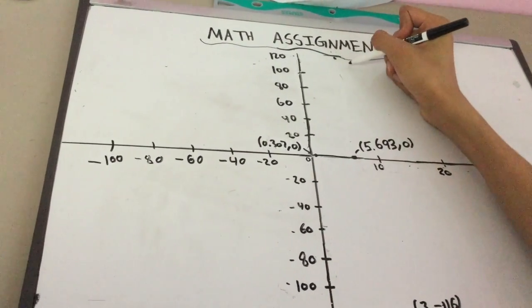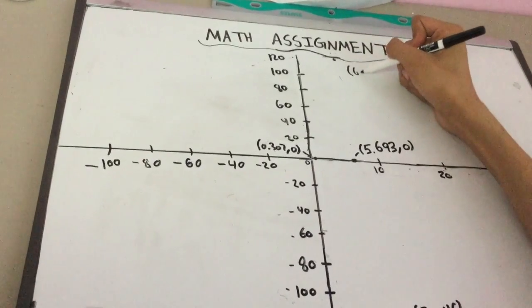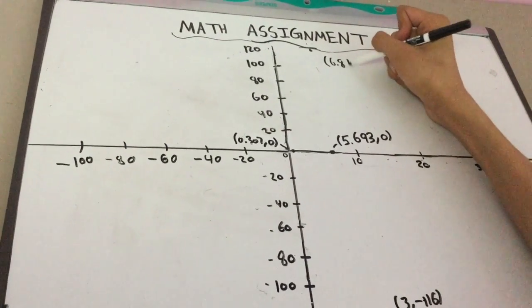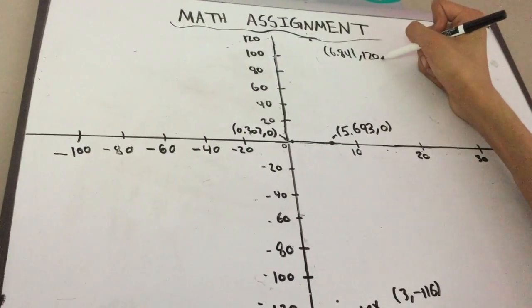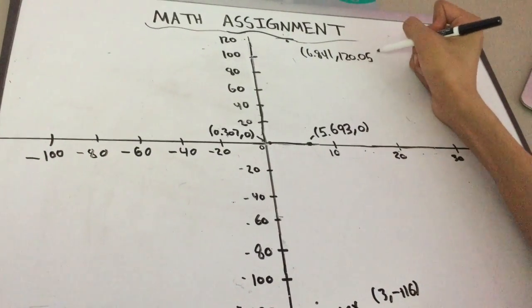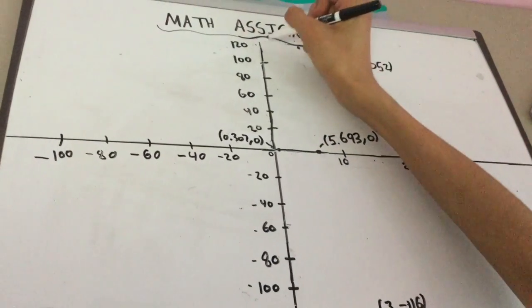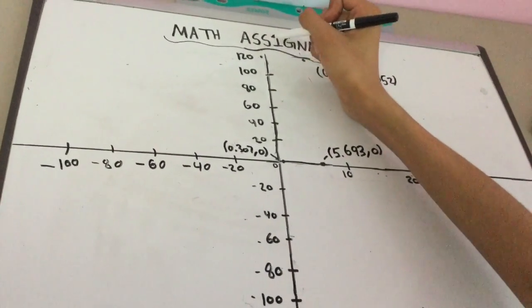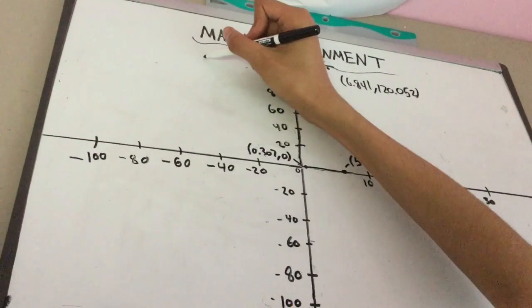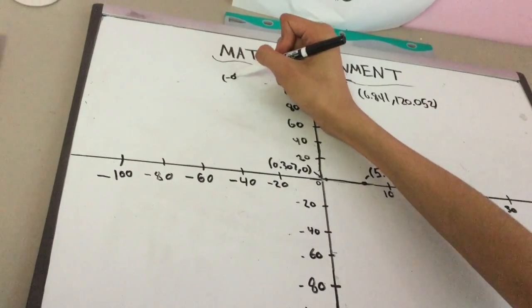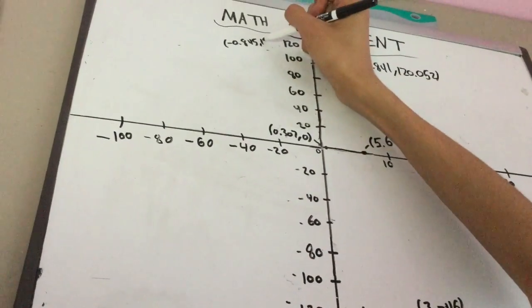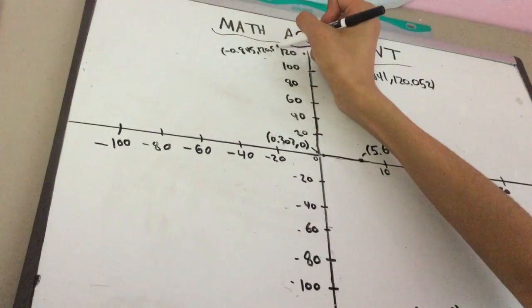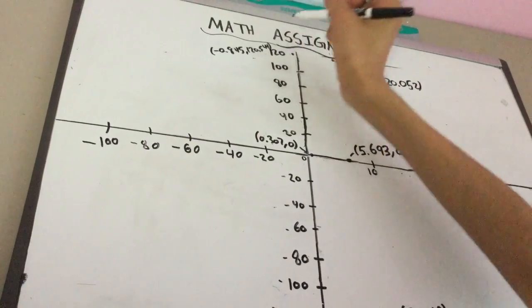And our other points on the graph will be 6.841 and 120.052, and the other one is negative 0.845 and 120.544.